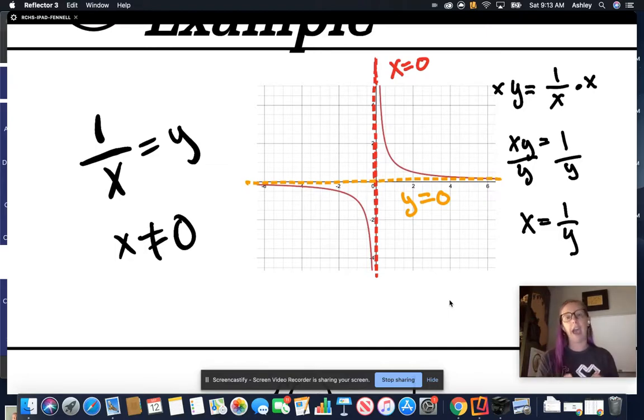You cannot have x equal to 0 or y equal to 0 because it breaks the function, right? We divide by 0, that is not okay. So rational functions show us what happens if we're allowed to have basically all values except a specific value, in this case 0. We call this the mother function or the parent function. The most basic version of a rational function is 1 over x.